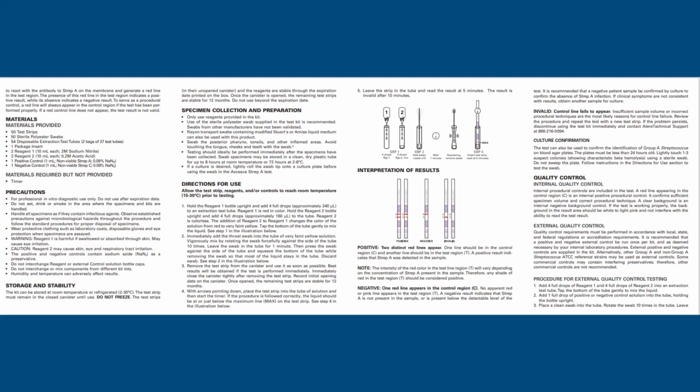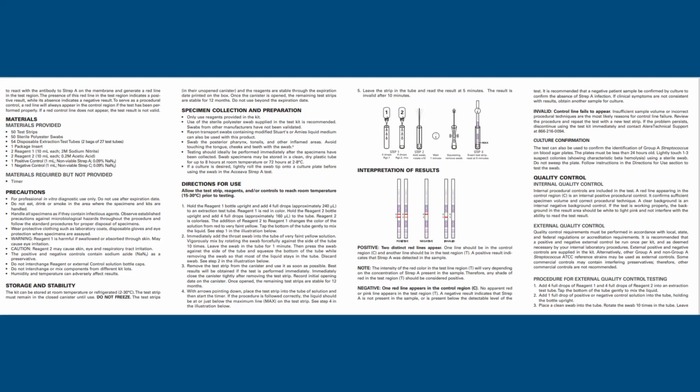For external quality control, as it's listed here, it must be performed in accordance with state, local, and federal regulations. It's also recommended that a positive and negative external control be run once per kit, as deemed necessary by your internal laboratory procedures.